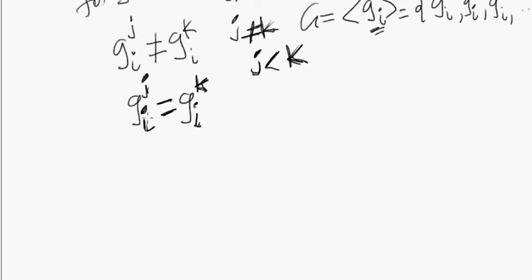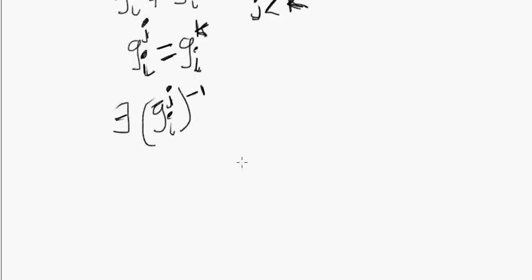Because g sub i is an element of the group G, doesn't it mean that there exists some g sub i to the j inverse? Okay, so what does that tell us about our equation here? Suppose we multiply both sides by g sub i to the j inverse.